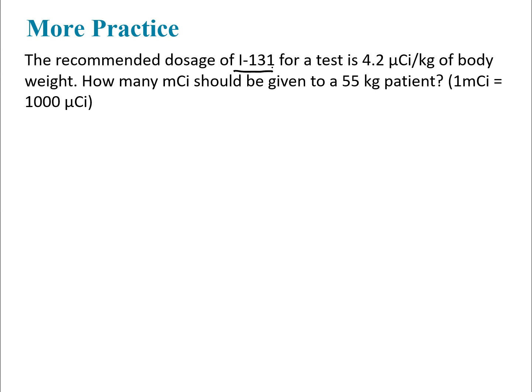So this problem says the recommended dosage of iodine-131 for a test is 4.2 microcuries per kilogram of body weight. How many millicuries should be given to a 55 kilogram patient? And then you have an equality here that relates millicuries to microcuries. So remember, that funky looking M is micro.